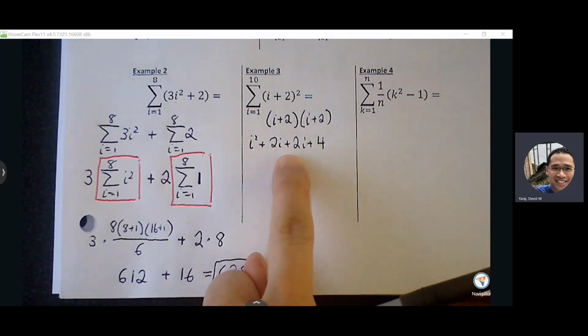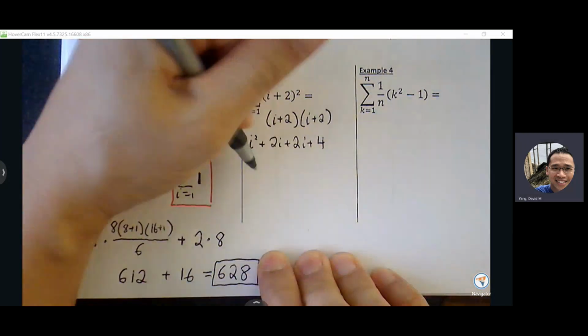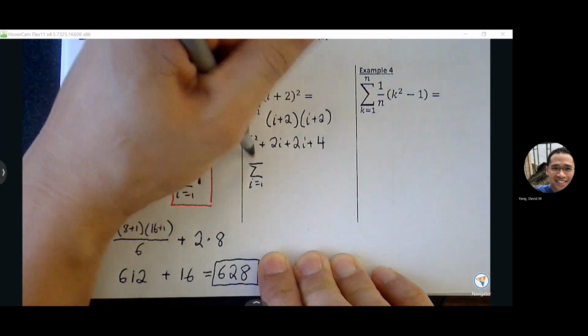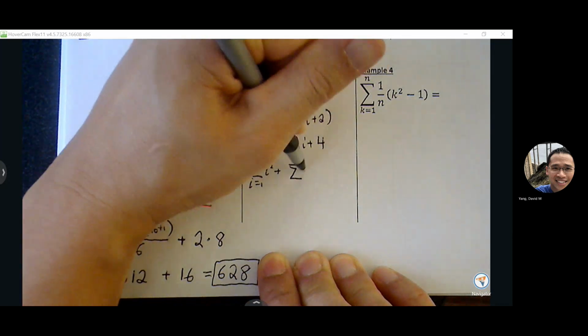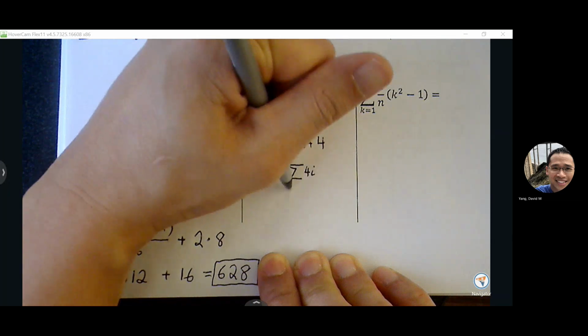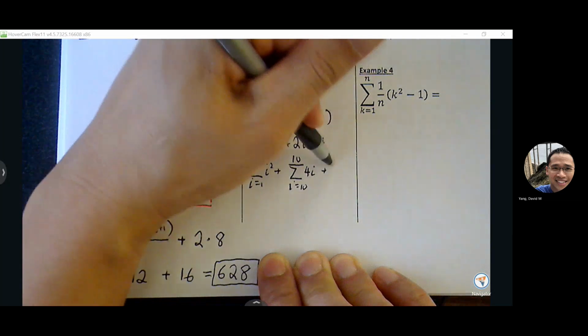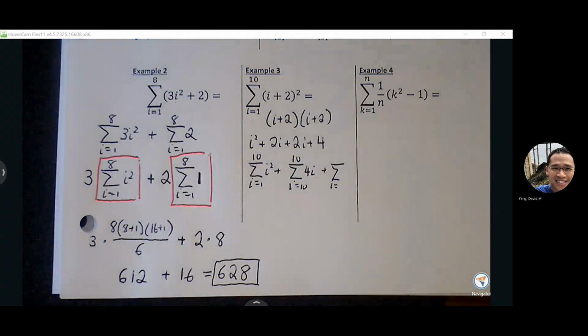The middle terms can combine. We can make that 4i. So we have 3 terms. You got i squared, you got 4i, you got 4. I'm sorry, i equals 1 on the left.